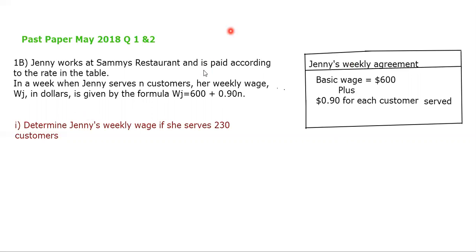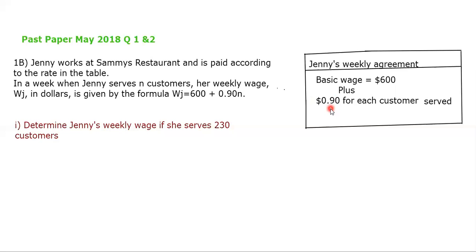to the table. Now, first we need to set out our steps and our basic information, what we know. So Jenny's weekly agreement is that she gets $600 for the week. That's the basic wage. And for every customer served, she gets 90 cents, right?